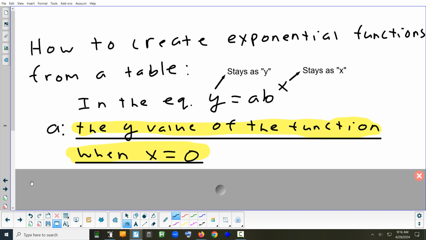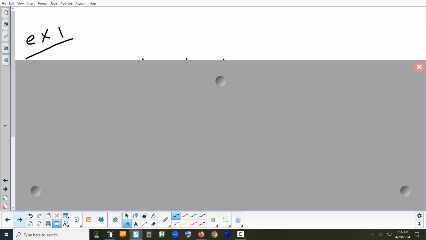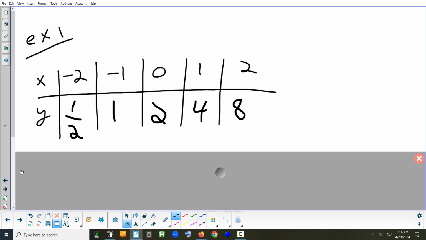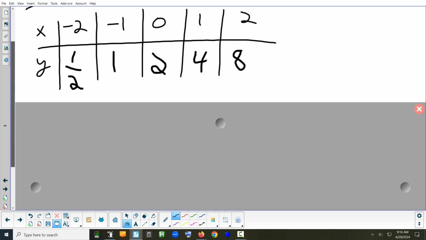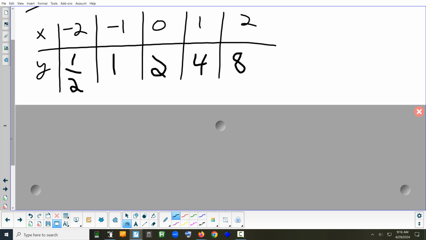Right, so let me pull up a table to see if you can tell me what the A value is. So we go to a table. You don't have to write this down yet. Okay, all I want you to do is look at that table. Tell me what the y value in that table is when the x value is 0. Yeah? 2.